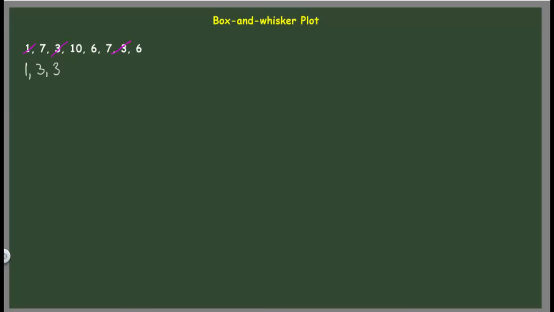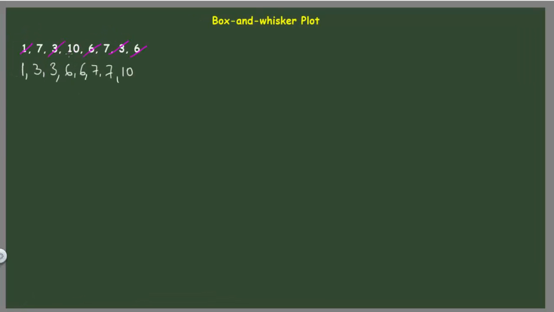Then I got a 6 twice also. Then I've got a 7 twice. And my last number is 10. So I can cross them out.